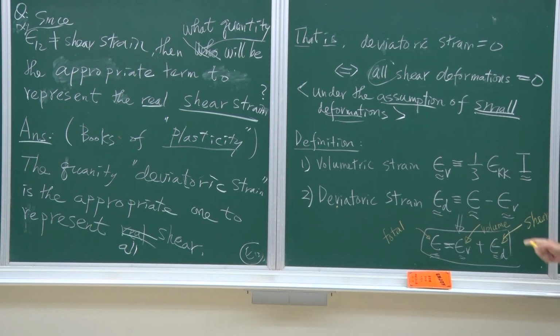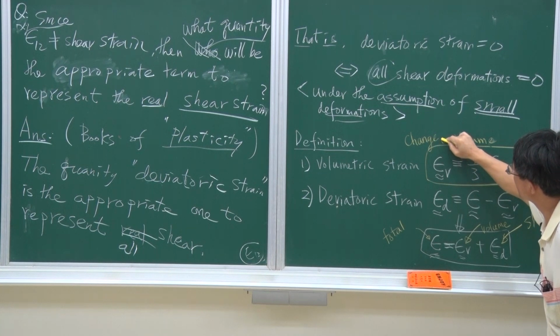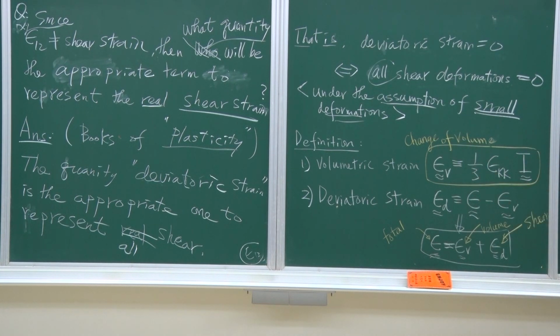So in this definition, it's clear. The volumetric term measures the change of volume. When the material becomes bigger and bigger, the volume is changed, so this term is not equal to 0 when the volume changes.